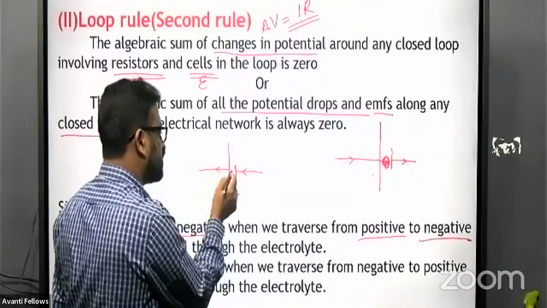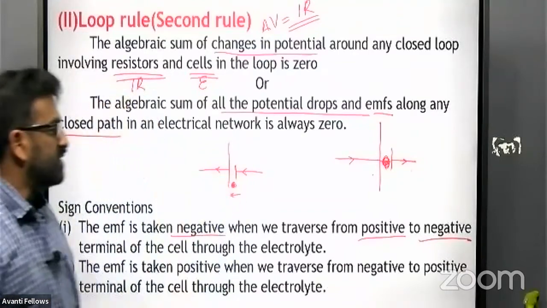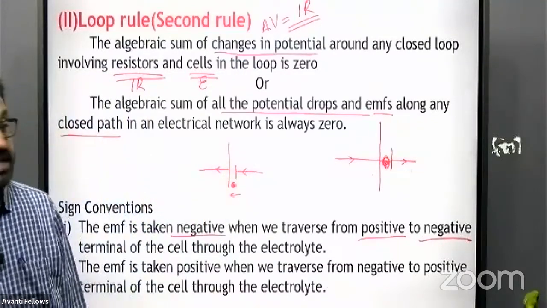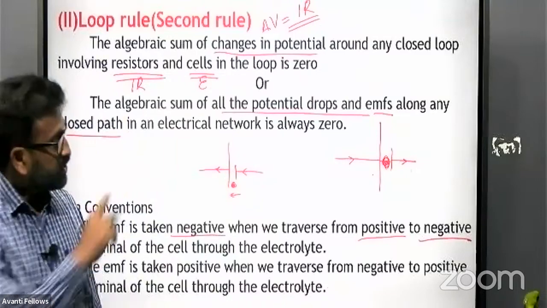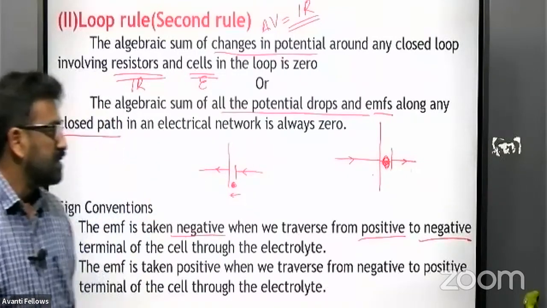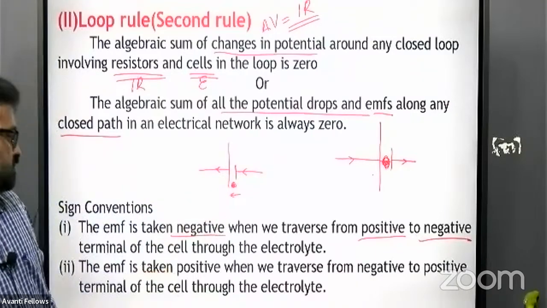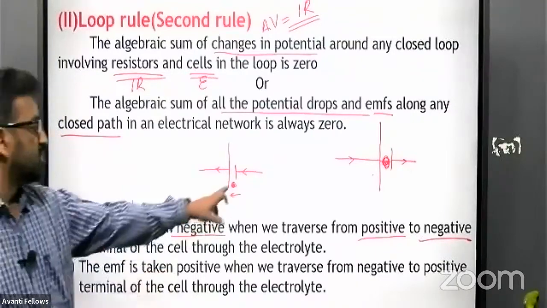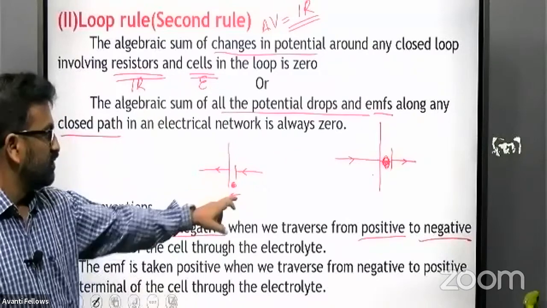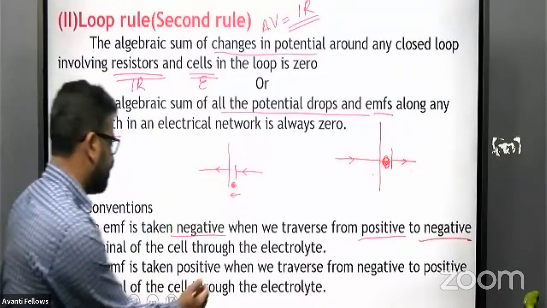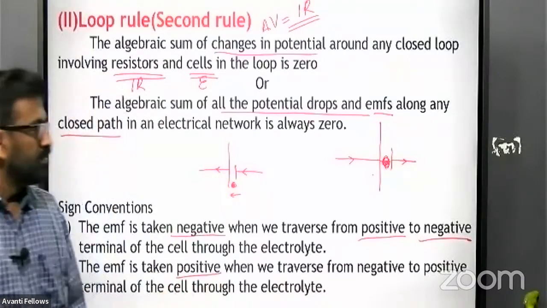So negative to positive, if the current is like this, we take it as positive. And if the current is like that, from positive to negative through the electrolyte, then it is taken as negative. And from negative to positive through the electrolyte, then we take it as positive. This you should understand.